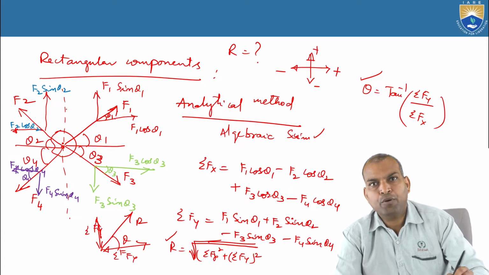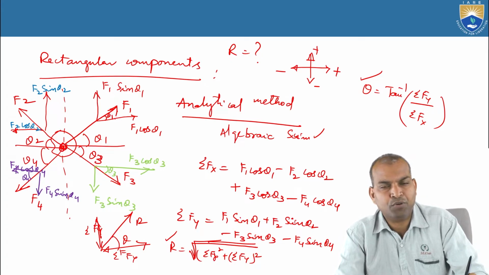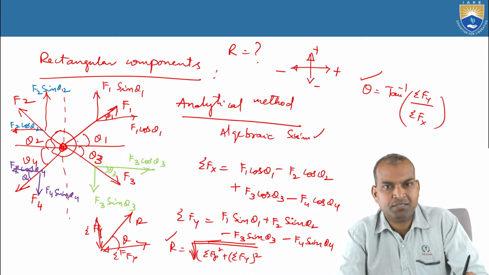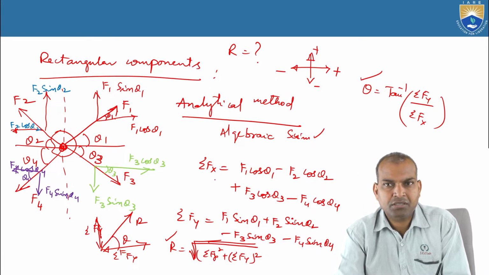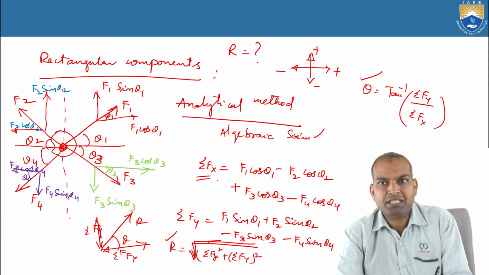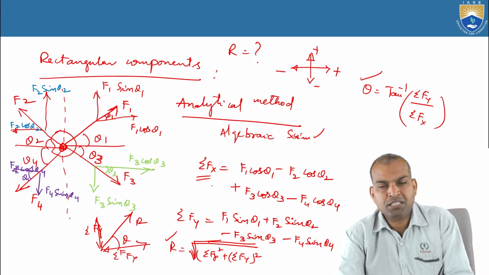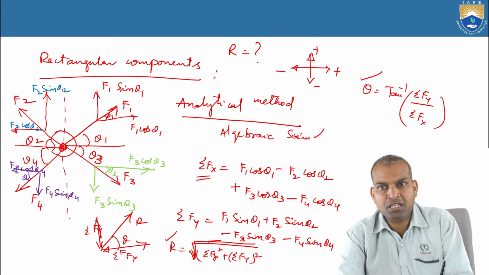Now here, how many forces are acting on a particle or on a body? There are 4 forces acting. All forces are going away from the particle, of tensile nature. We have calculated sigma Fx and sigma Fy: sigma Fx is the algebraic sum of the forces in the x direction, and sigma Fy is the algebraic sum of the forces in the y direction.